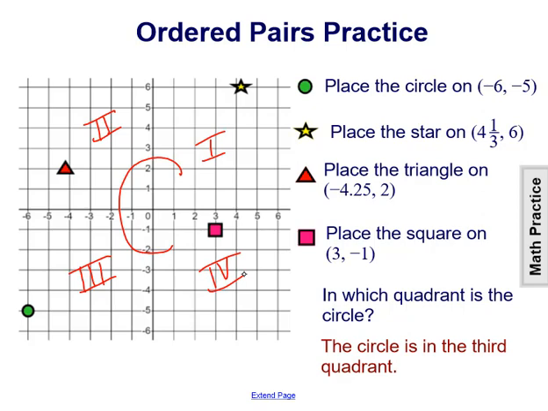So our green circle is over here. That is plotted in the third quadrant, or quadrant 3. So you can use the C method to help you. We also know that the circle is a negative signed ordered pair, which matches with all the ordered pairs in quadrant 3. So you can actually look at the graph or use the signs of the ordered pair as well.